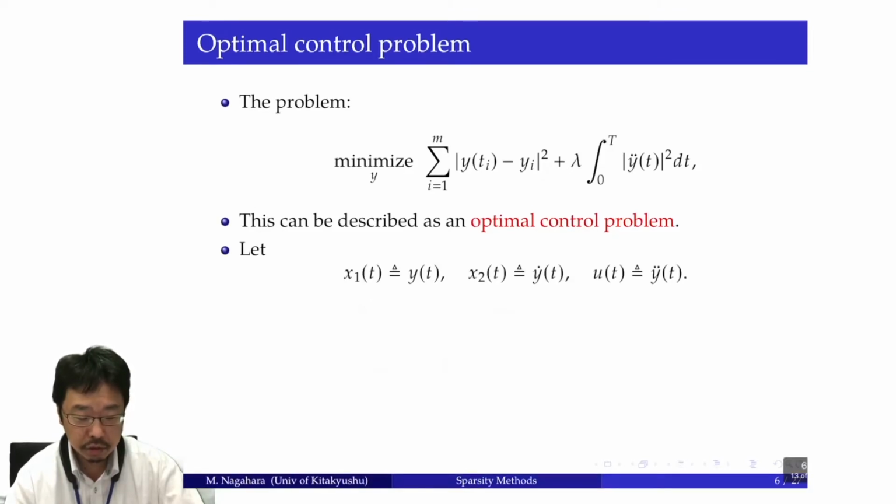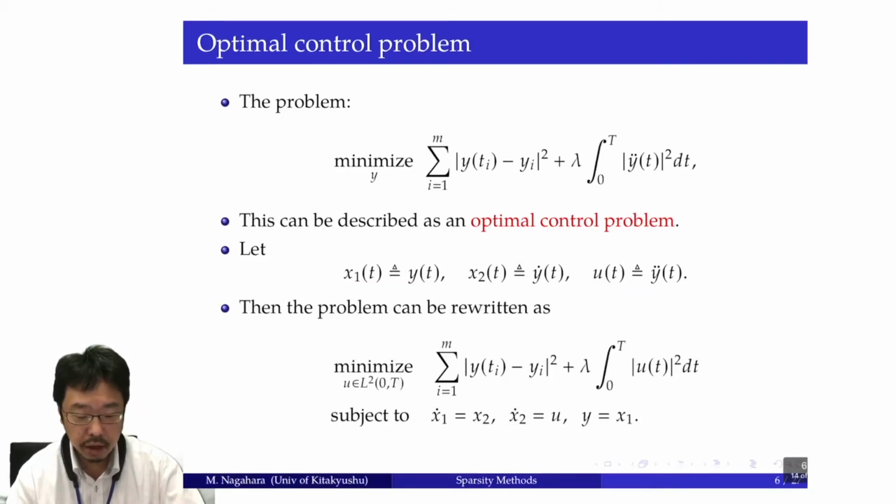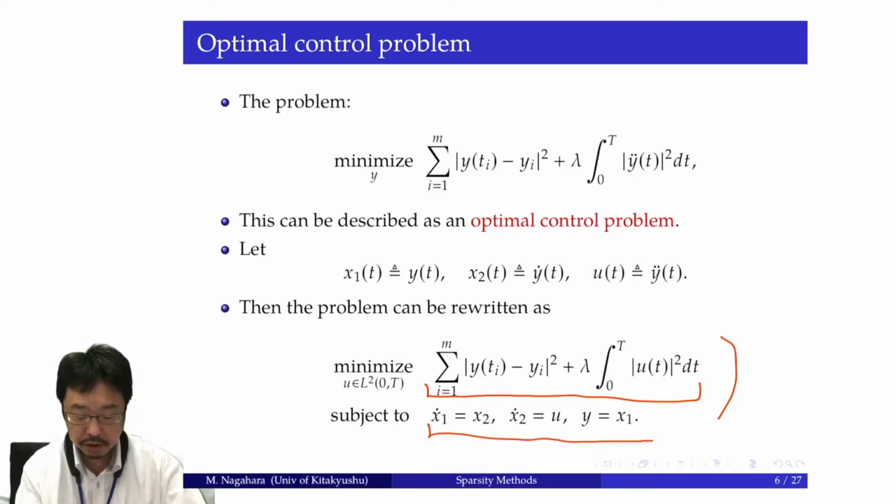Let x1, x2, and u be as follows. Then the problem can be rewritten as this. Namely, minimize this cost function subject to these constraints described by differential equations.